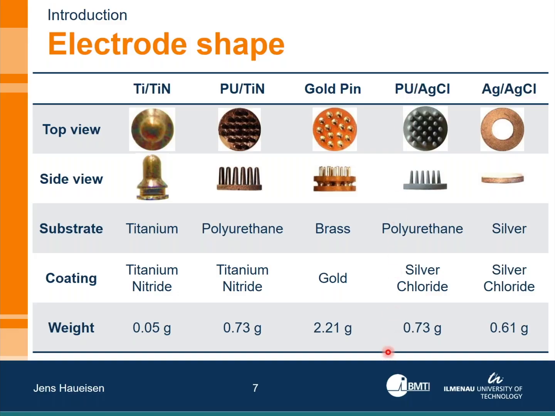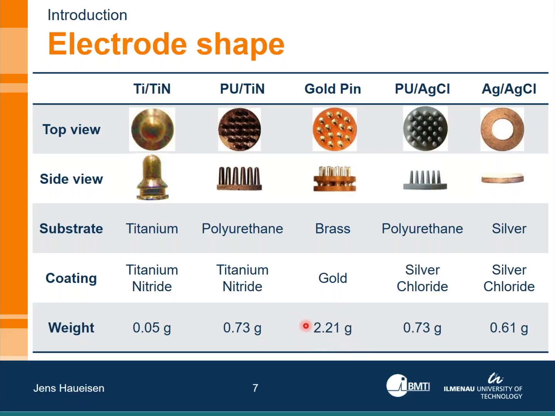One other thing I would like to point out is the lowest line here, where we have the different weights of the electrodes. And one thing which is sticking out here, although such gold pin electrodes are easy to produce and actually not very expensive at the end, they have a big disadvantage. They are heavy if it comes to high density recordings.